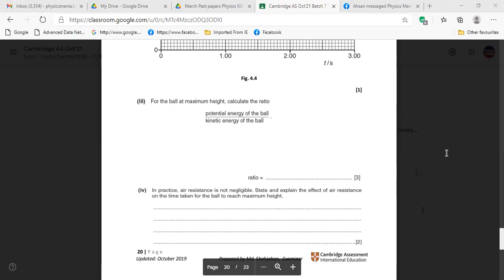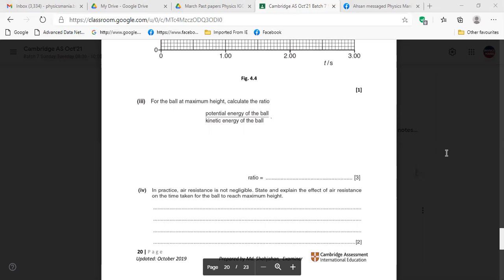Okay, so our part 3, they said for the ball at maximum height, calculate the ratio of potential energy of the ball and kinetic energy of the ball. So potential energy means gravitational potential energy, right? GPE. Yes, sir.